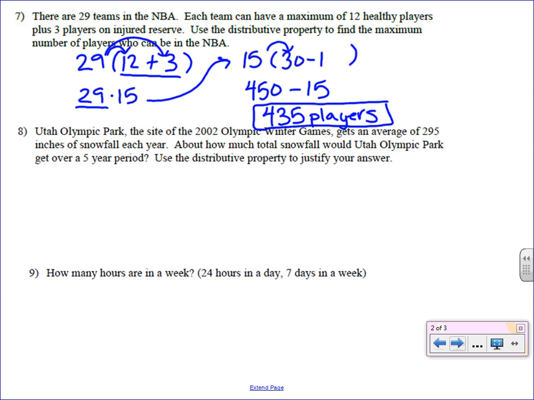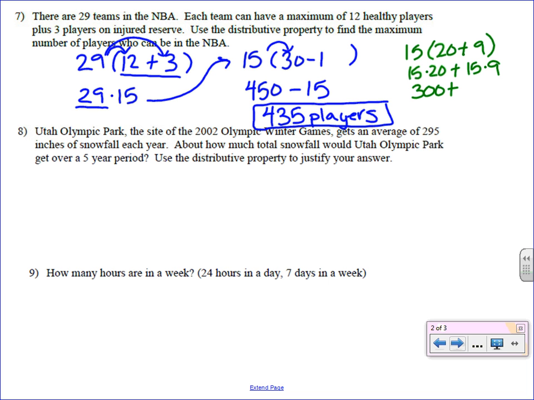The other way that you could have done that is to have done 15, and then instead of 29 being 30 minus 1, you could do 20 plus 9. So 15 times 20 plus 15 times 9. So 15 times 20 is 300.